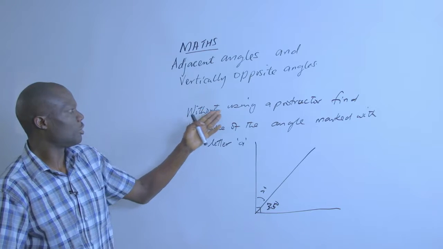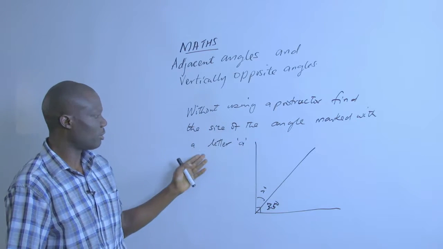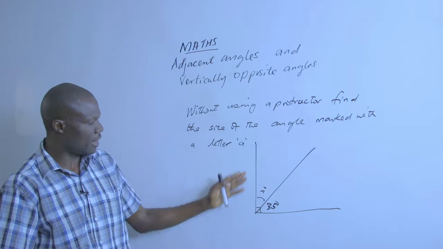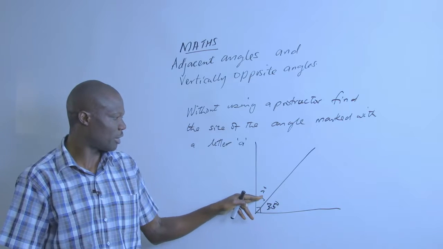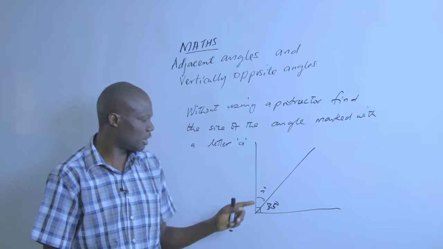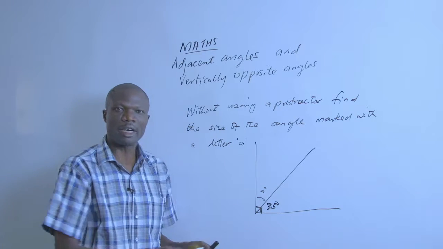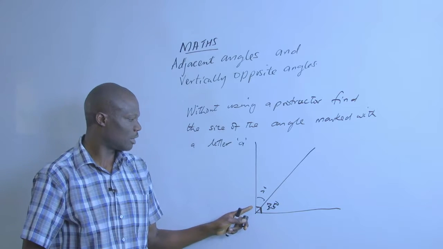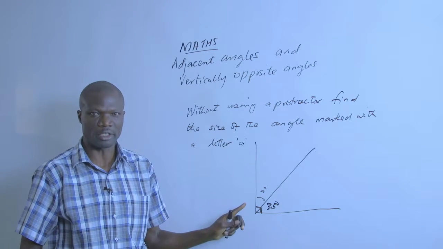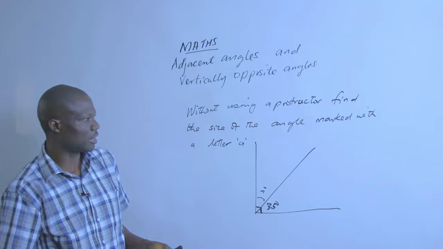The diagram we have 35 degrees and we have A. You'll notice that on this diagram we have a sign of a right angle, which implies that the two angles form 90 degrees. So A and 35 degrees form adjacent angles.